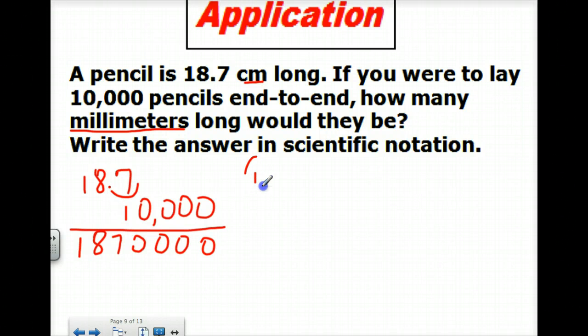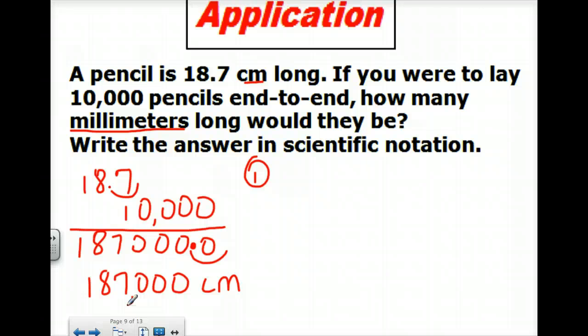We have only 1, so I need to move my decimal point 1 place. And now that is 187,000 centimeters.